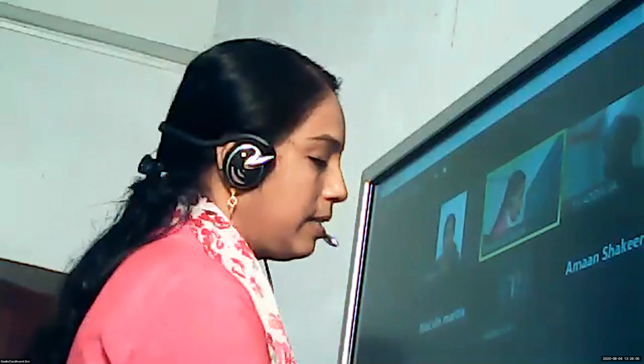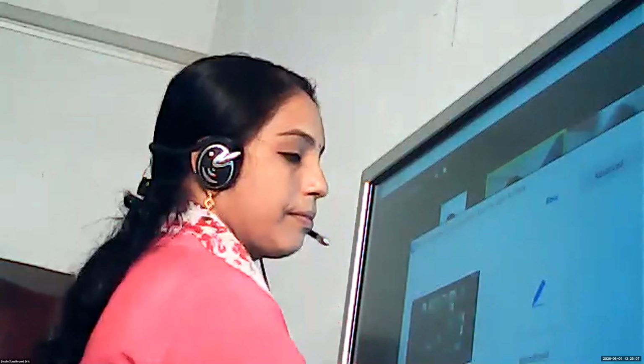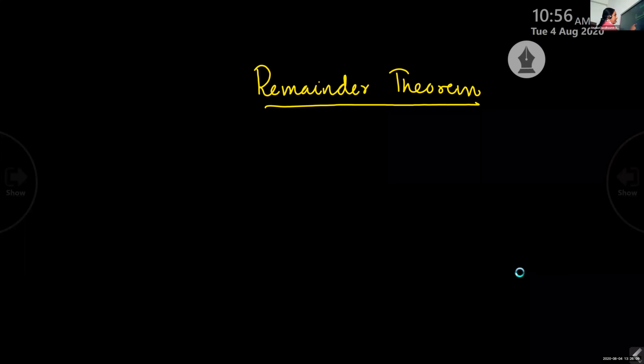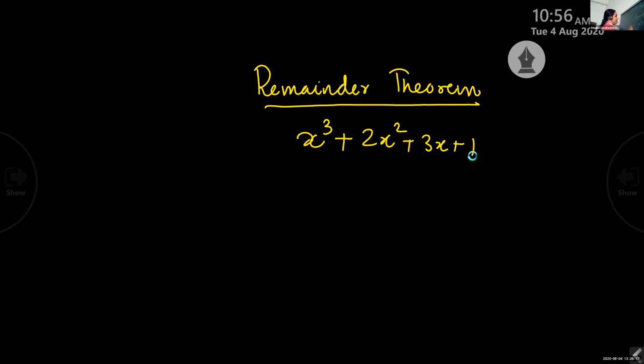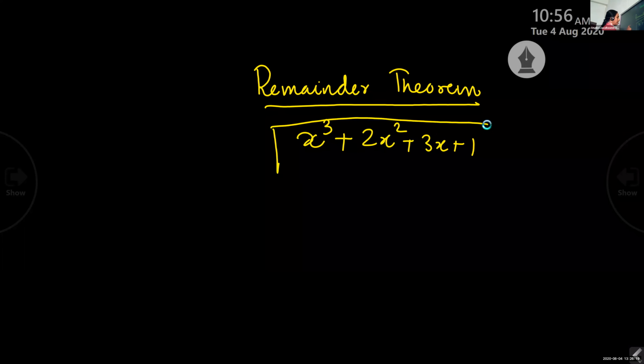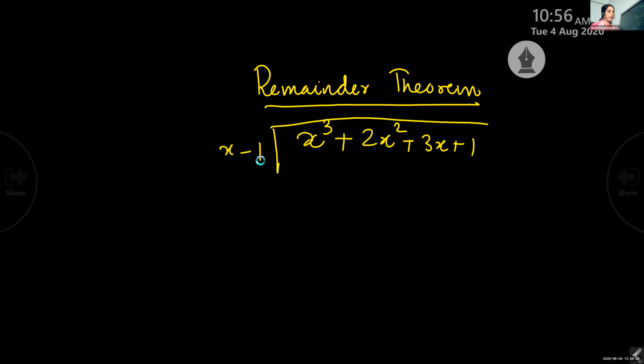I'll show you like this. See, there is a polynomial. Suppose x cube plus 2x square plus 3x plus 1. It is divided by another polynomial x minus 1. No need of writing. It is just an example.